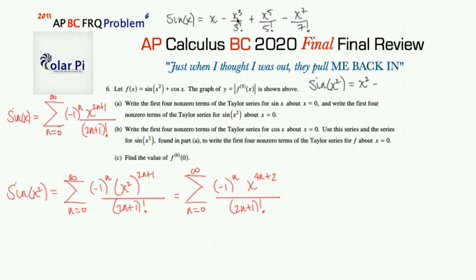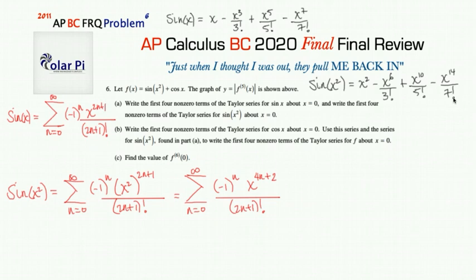Then x squared to the 3rd, so that's minus x to the 6th over 3 factorial. Next is plus x squared to the 5th, so x to the 10th over 5 factorial. And then minus x to the 14th over 7 factorial.